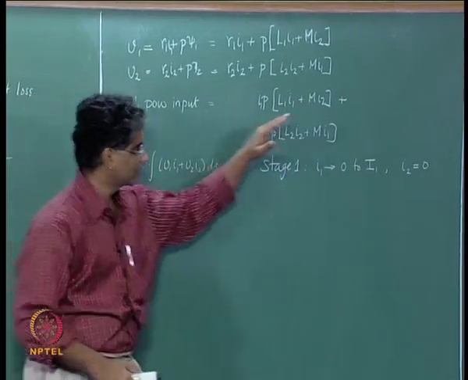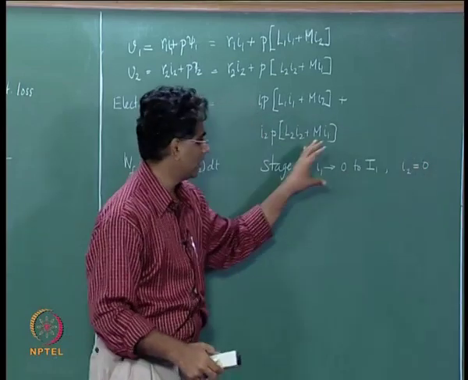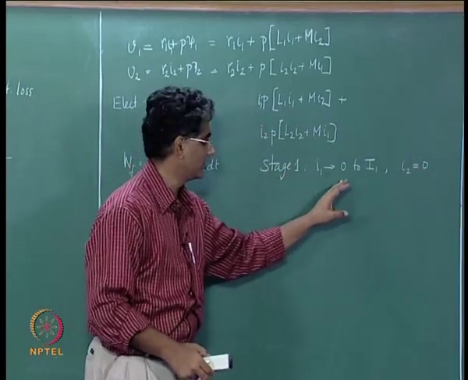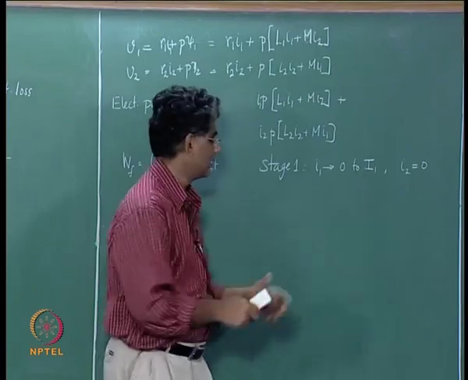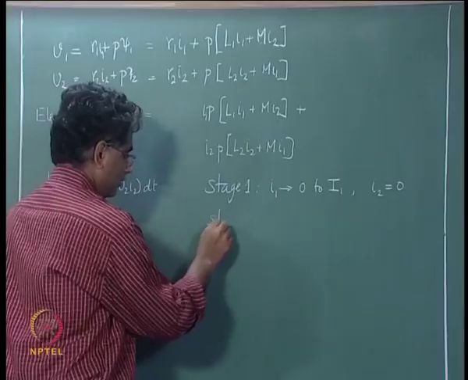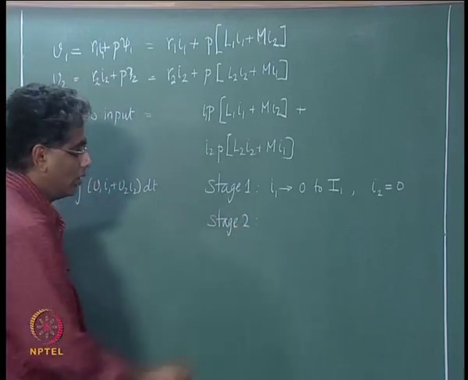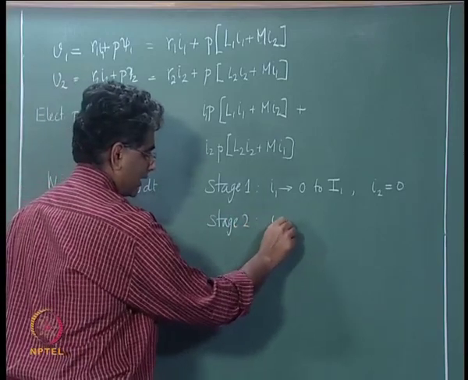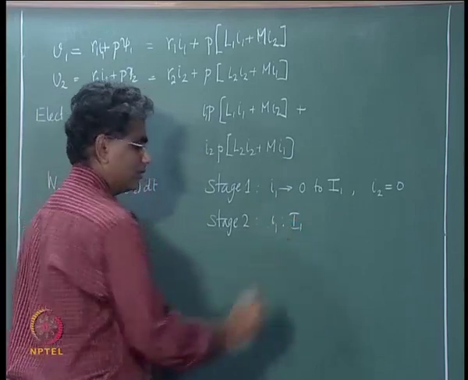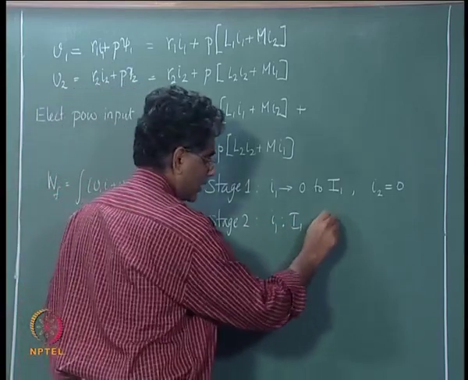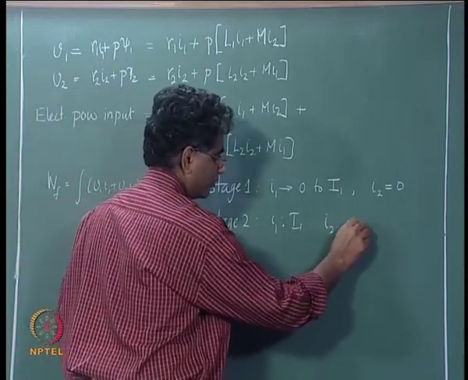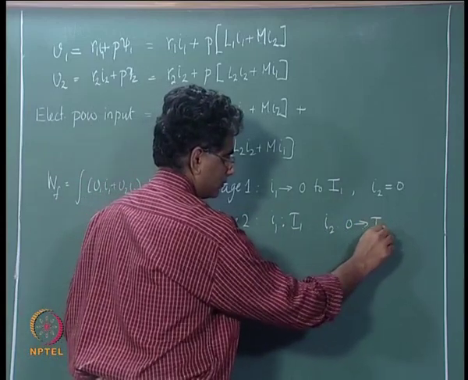So stage 1 is you fix I2 at 0 and allow I1 to go from 0 to capital I1, and then in stage 2 you fix I1 at the value capital I1 and allow I2 to go from 0 to some capital I2.